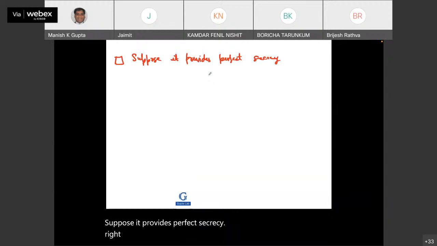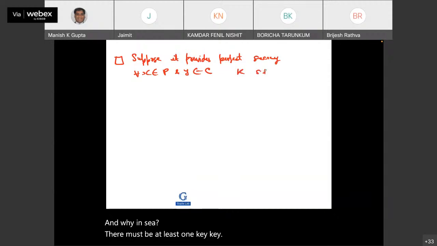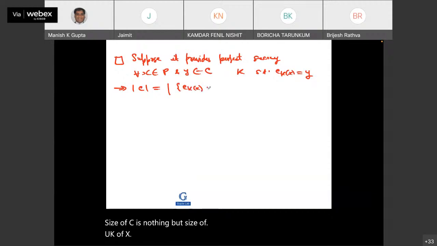Then I will show you that the probability of key k is 1 by size of K for every k in K. Now for every x in P, the plaintext, and y in C, the ciphertext, there must be at least one key k such that e_k of x is equal to y, right? This implies that size of C is nothing but size of {e_k(x) : k belongs to K}, which is less than or equal to size of K.